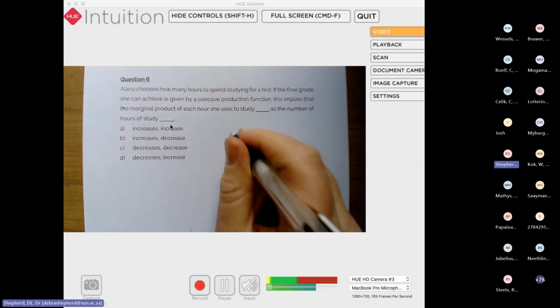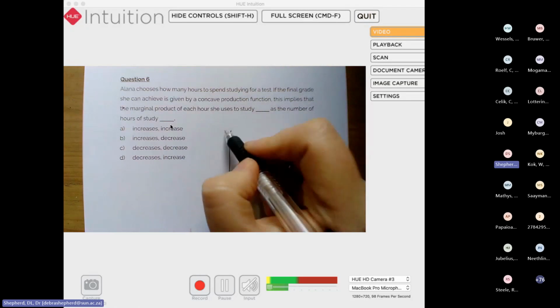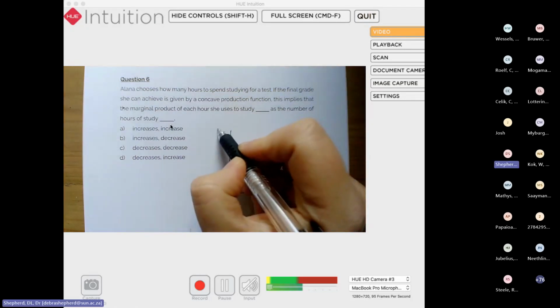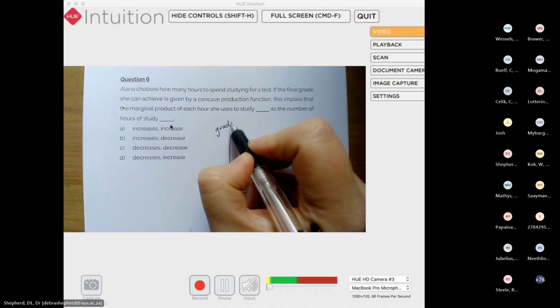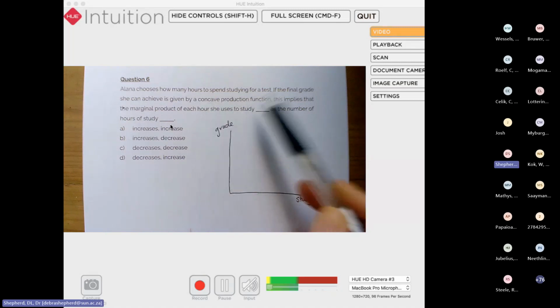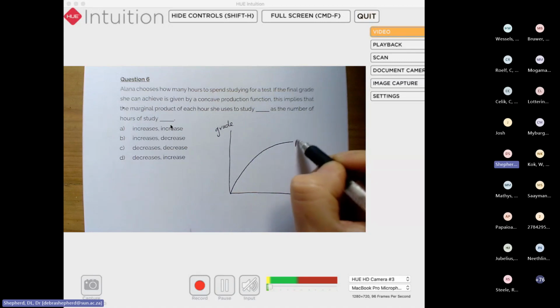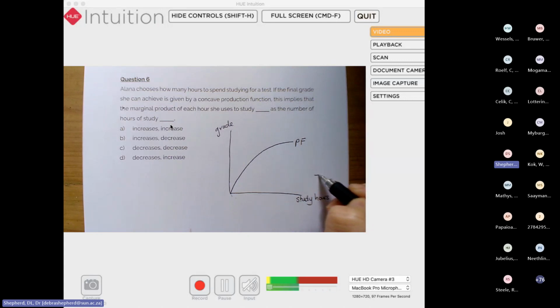Okay, so if I had to draw a concave production function, so this is her grade and this is her hours of study. A concave production function will look like this. Okay, so this is concave. A convex production function would look like that.